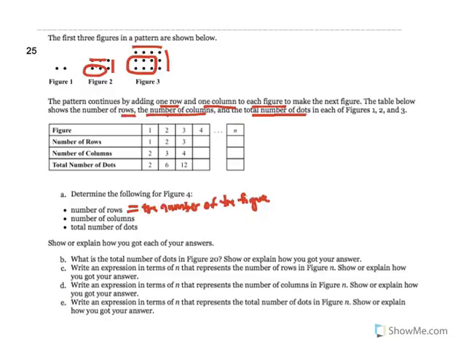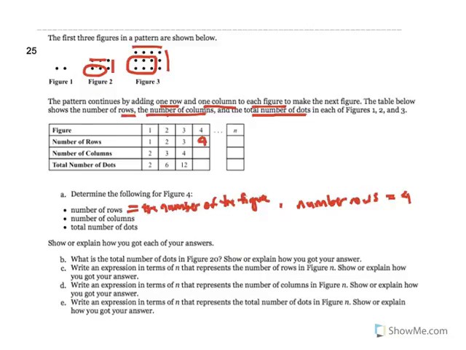So therefore, if the number of rows equals the number of the figure, and we're looking at figure 4, the number of rows must equal 4. Let's look at columns. Okay, so it says we need to determine the number of columns.